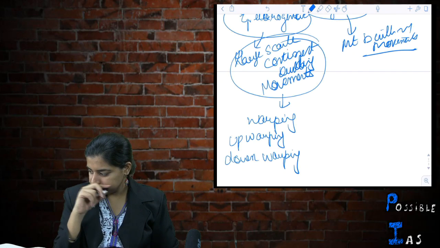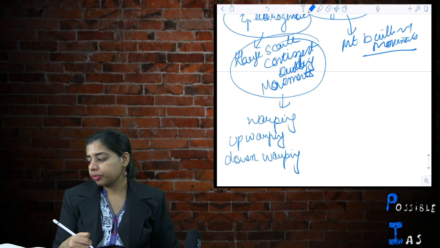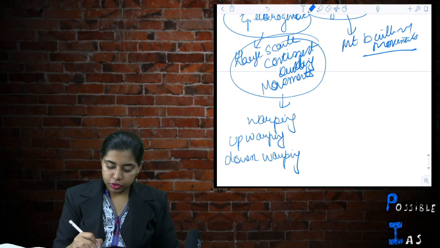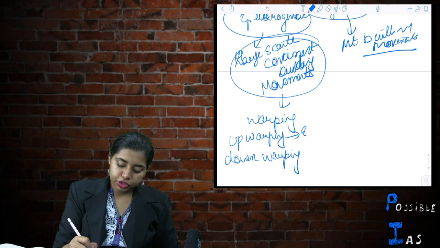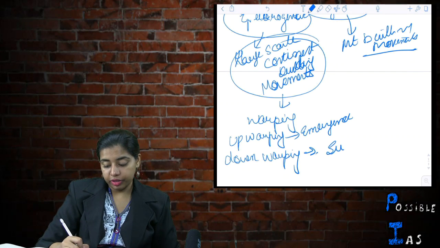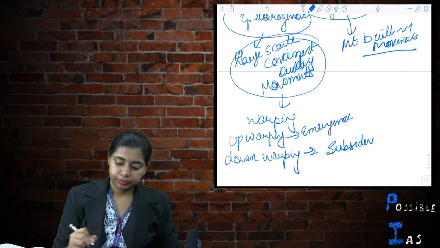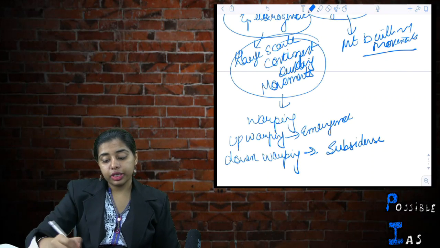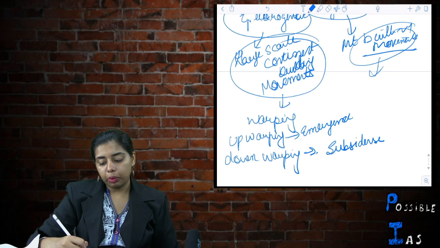So upwarping can also be known as emergence of an area, and downwarping can be known as subsidence of an area. And now what are orogenic movements? Orogenic movements are the mountain building movements.